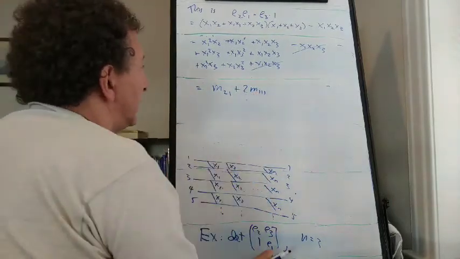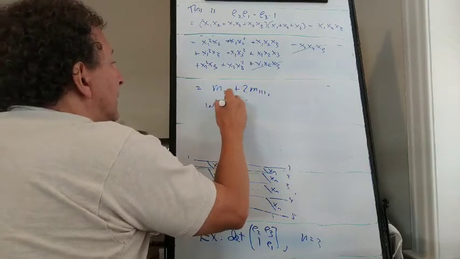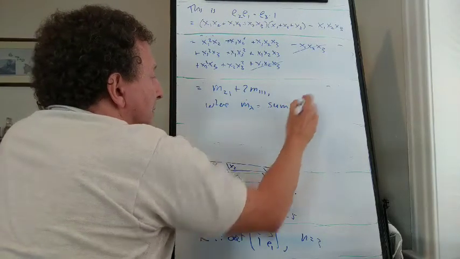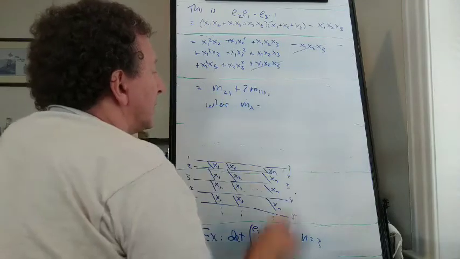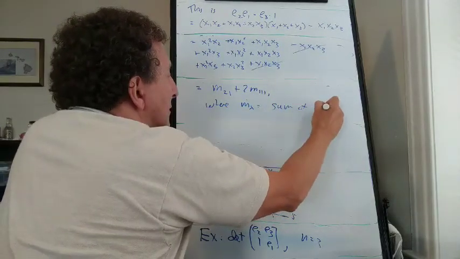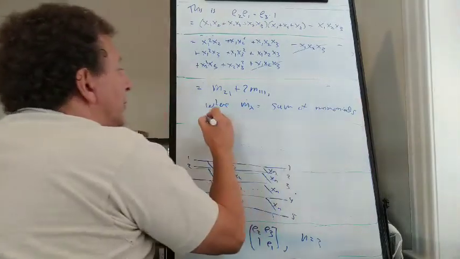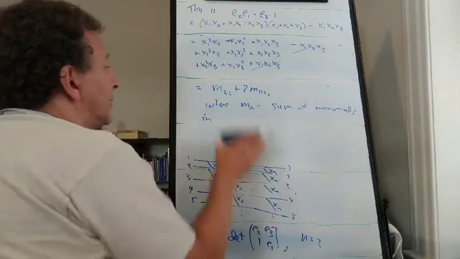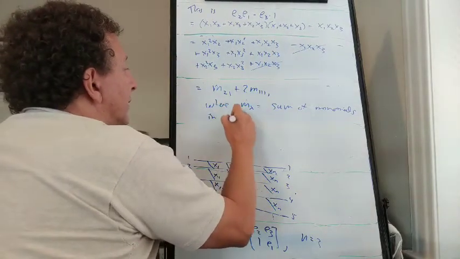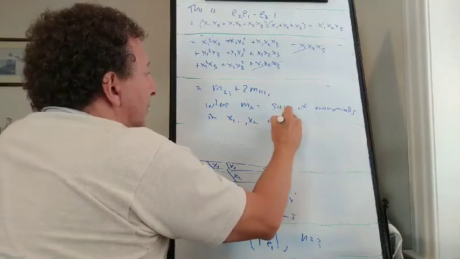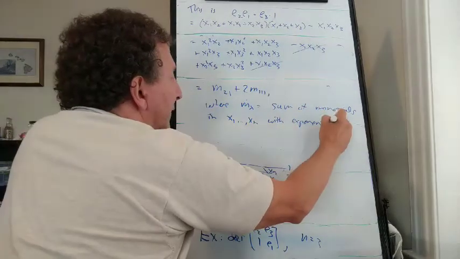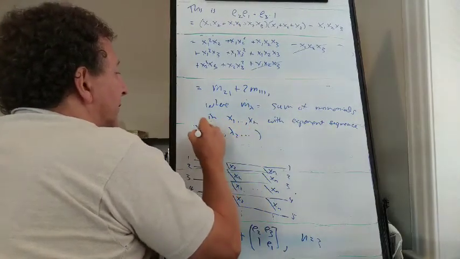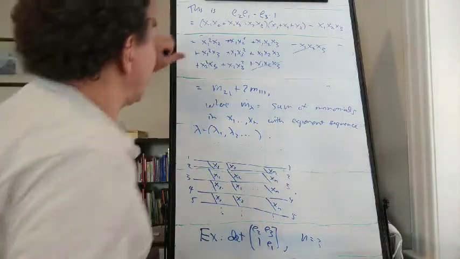So in general, m lambda equals the sum of monomials in x1 through xn with exponent sequence lambda 1, lambda 2, etc. Just shorthand, so I don't have to write all of these.